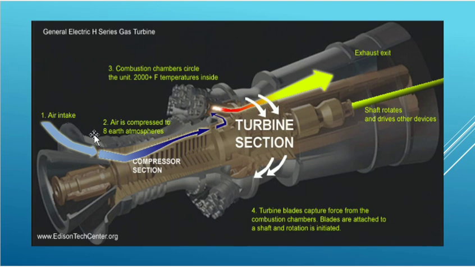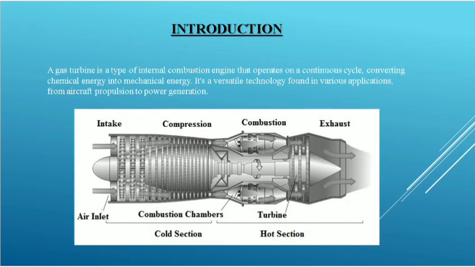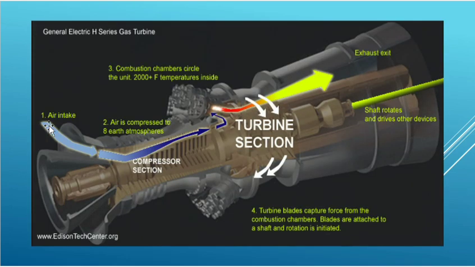We can see here the inner part of the gas turbine, which contains a shaft, turbine section and compressor section. Here atmospheric air will enter and is compressed in the compression section.